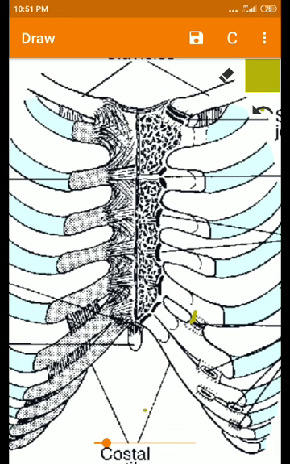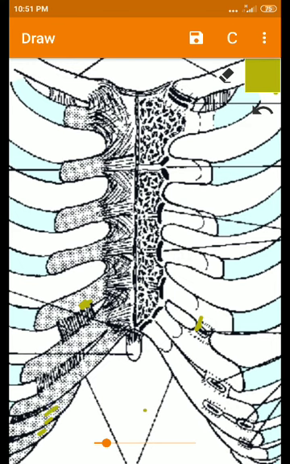So the 5th to 9th costal cartilages: 5th, 6th, 7th, 8th, 9th cartilages.